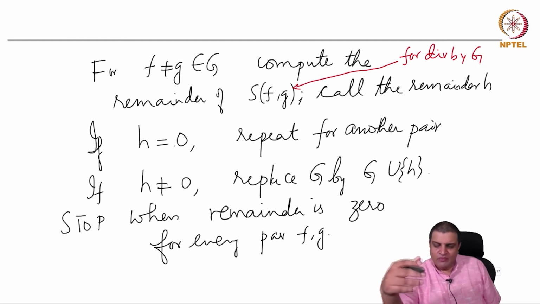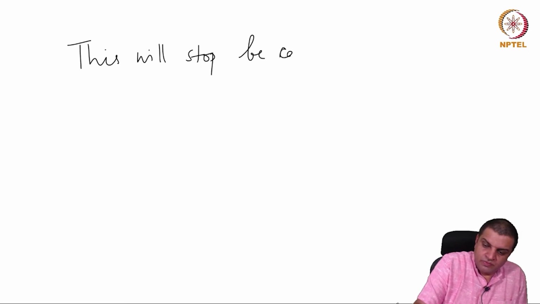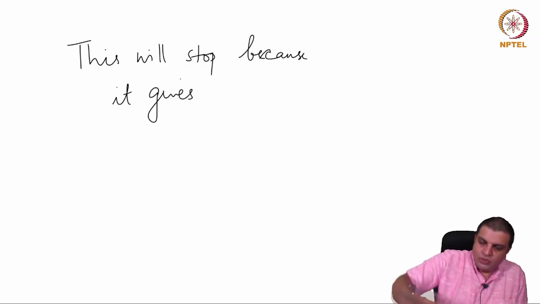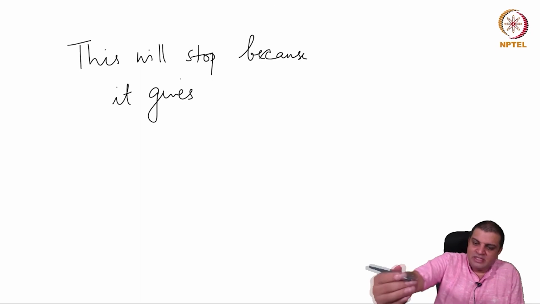Repeat this. At some stage, this will stop, because it gives an ascending chain. As you add more and more elements to G, the ideal generated grows, but eventually it has to stop.